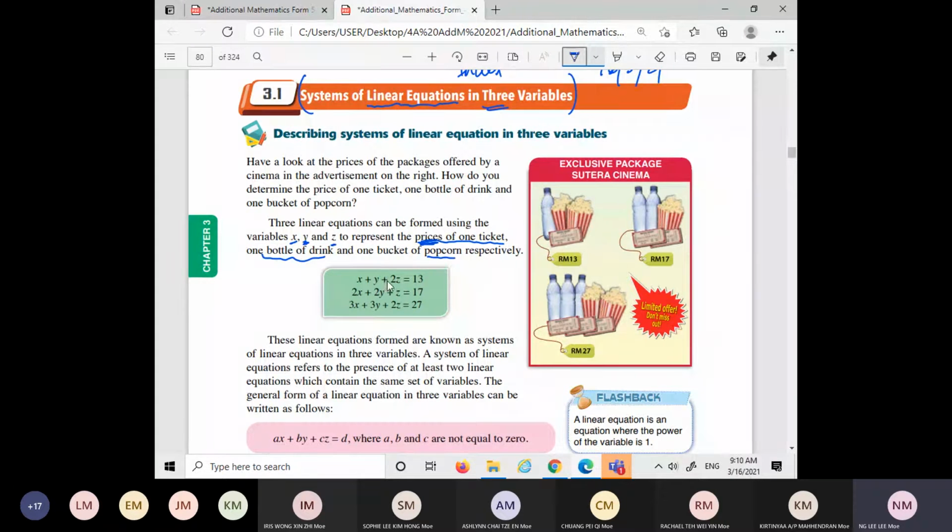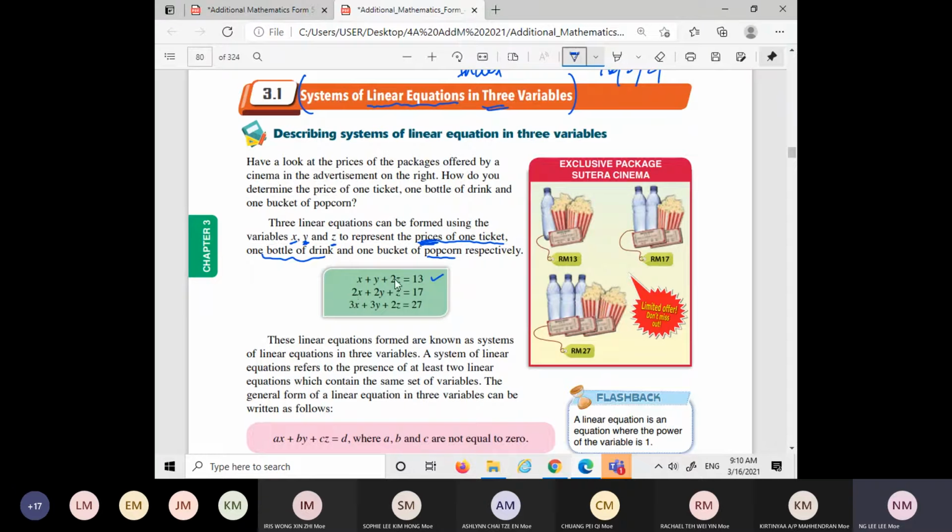Now, the first package, I can write in this way: 1 ticket, so 1 times x, 1 times the price of 1 ticket, plus 1 bottle of drink, so 1 times y, plus 2 times z, because 2 buckets of popcorn, 2 times the price of 1 popcorn.